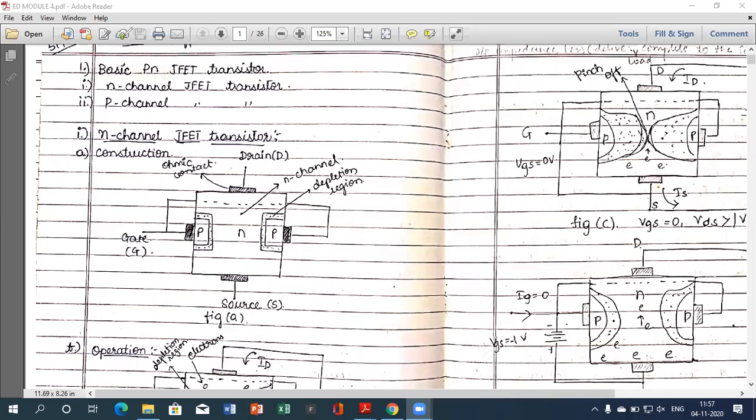Okay, fine. I hope everyone understood the construction part of the N-channel JFET transistor.